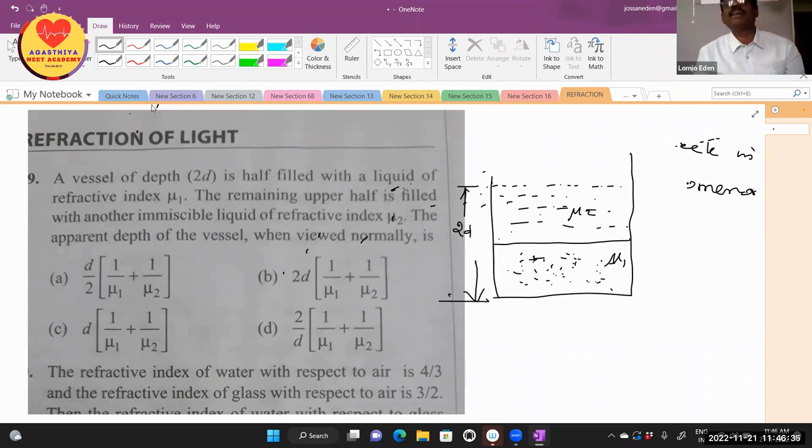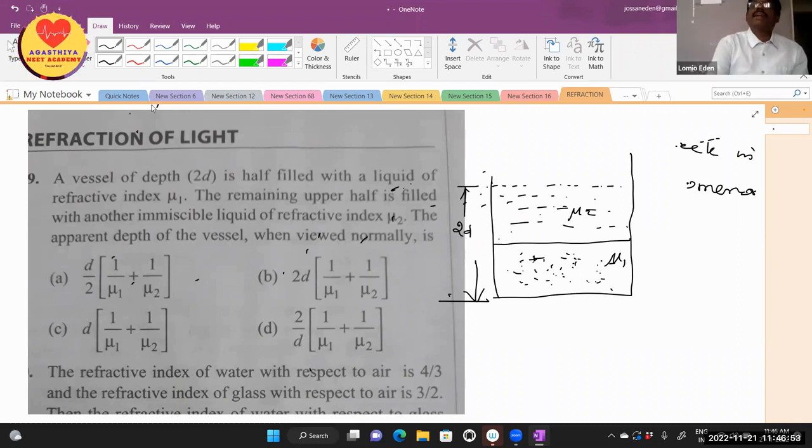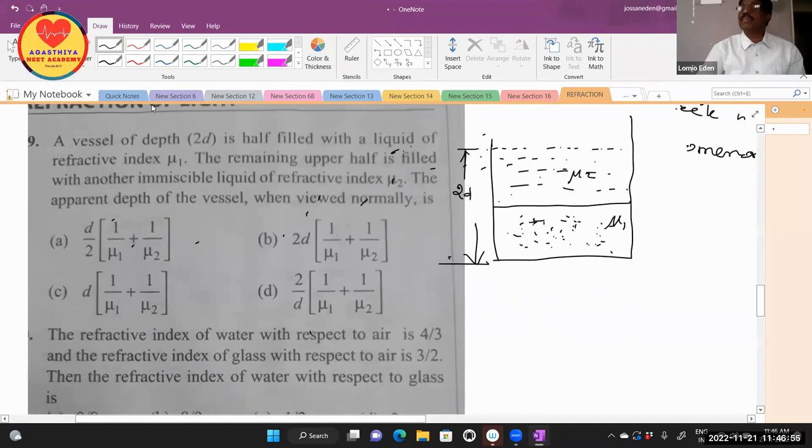That is called apparent depth. We have to calculate the apparent depth. What is the relation between the apparent depth and actual depth? Anybody? Apparent depth is equal to real depth divided by refractive index. I wrote this formula in the last class.